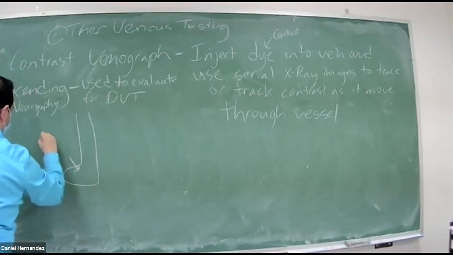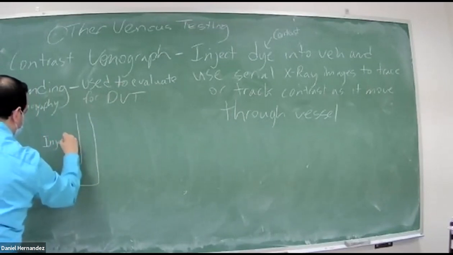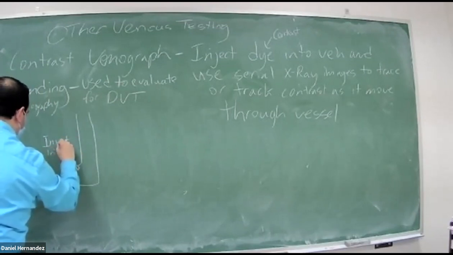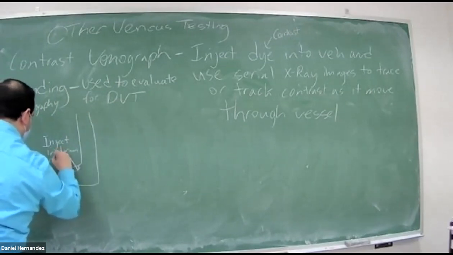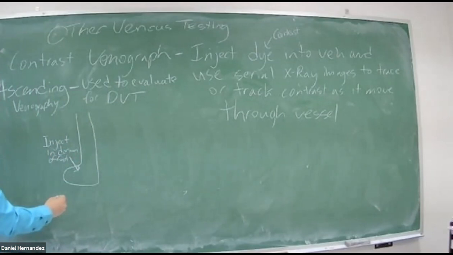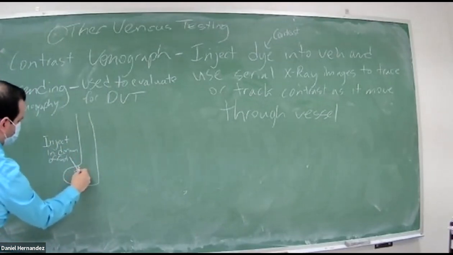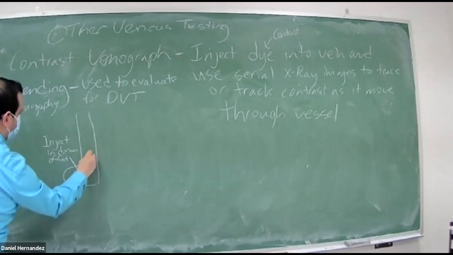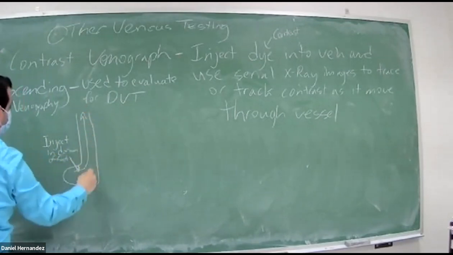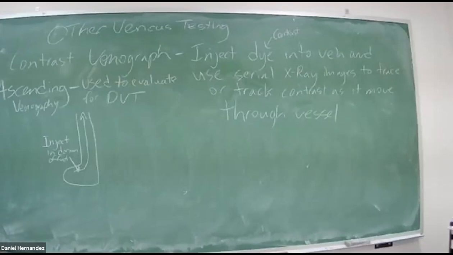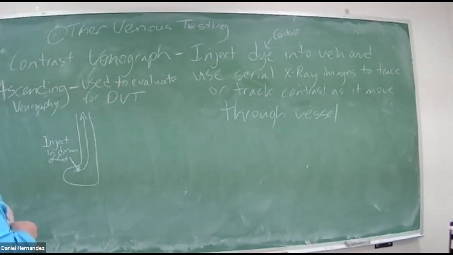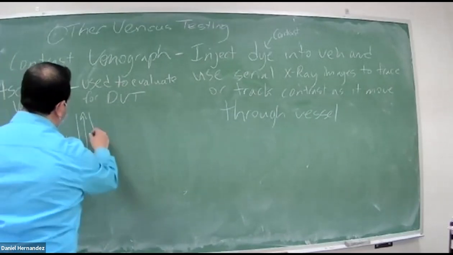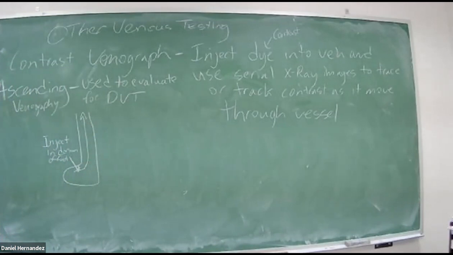So we're going to inject the contrast into a small vein in the dorsum of the foot, and they're going to image the contrast as it works its way back up the leg. And they're going to take images as it works its way back up the leg, and they're going to look for any filling defects or any vessels that don't fill with contrast. And that's how they're able to determine if there's clot or thrombus within those veins.